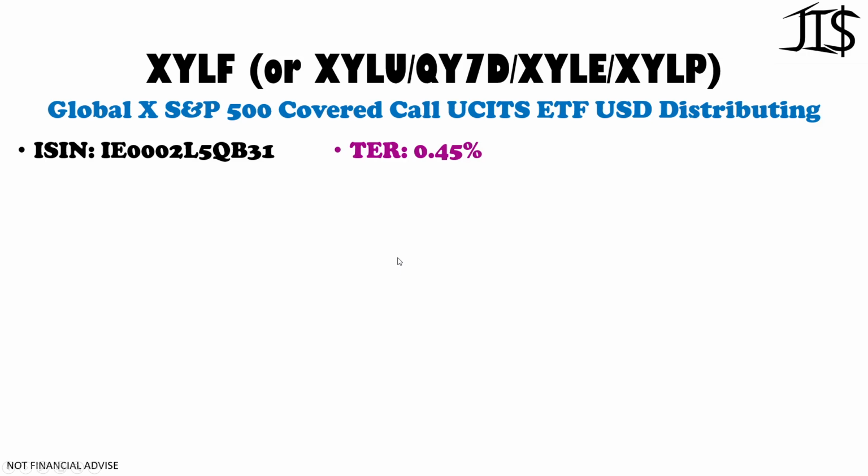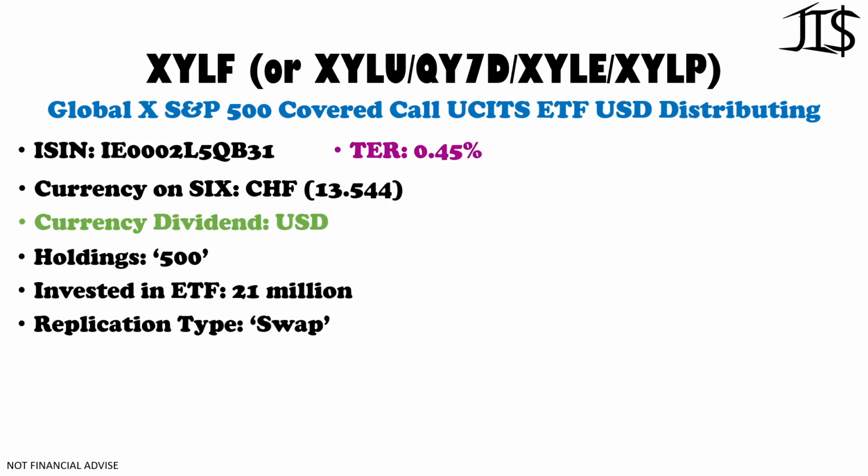Then we have the Global X covered call for the S&P 500, XYLF. Total expense ratio also 0.45%, just like the SuperDividend one. You have 13.544 Swiss francs on the SIX stock exchange, and it contains 500 holdings, not yet, because there is only 21 million invested into this ETF, and it's a swap, so synthetic kind of ETF.